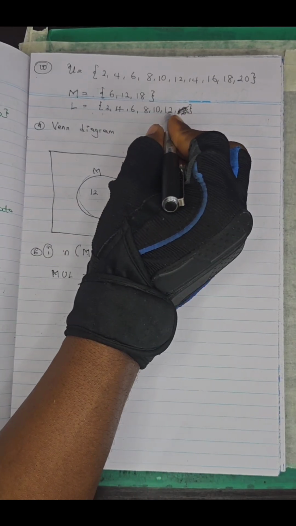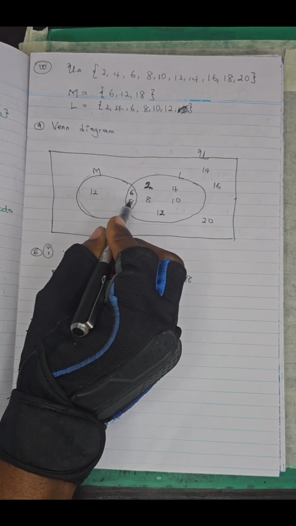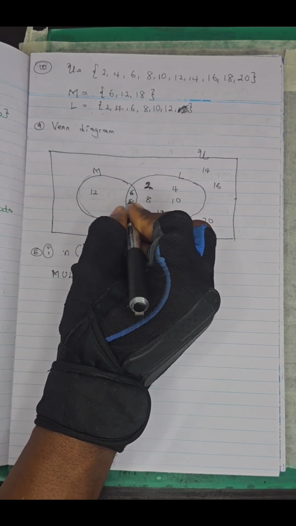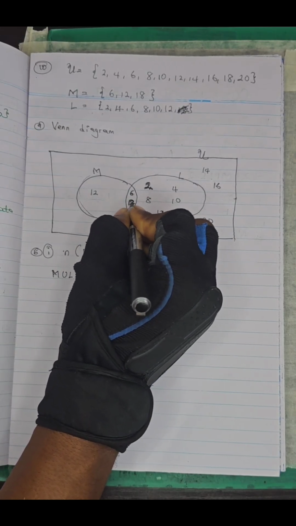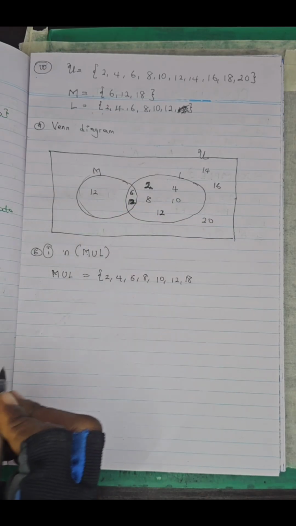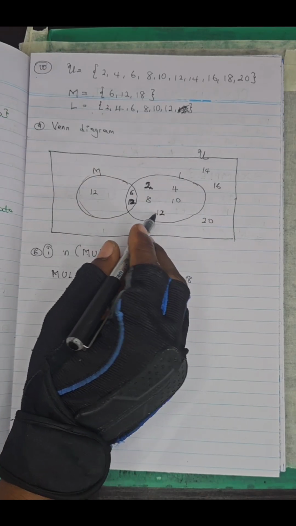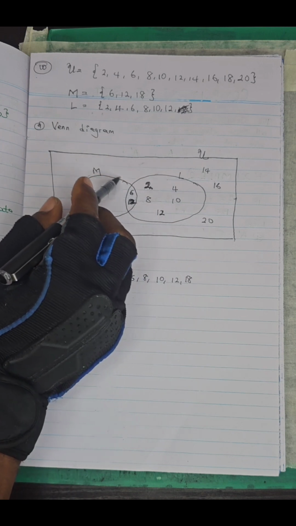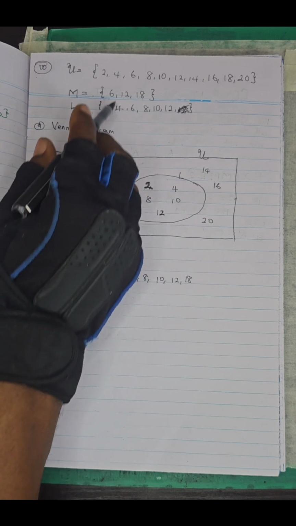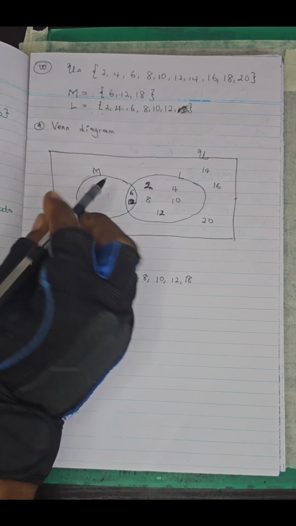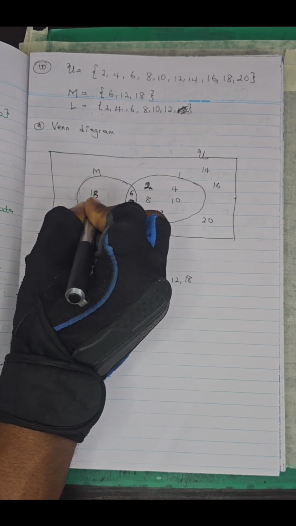Well, it stopped at 12. So the intersection inside this should be 6 and 12. Sorry for that mistake. 6 and 12. And for that reason, when you're checking for M, 12 is already here, so what you're supposed to have here is 18.